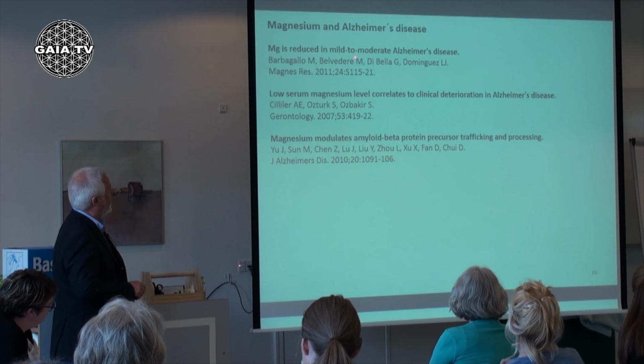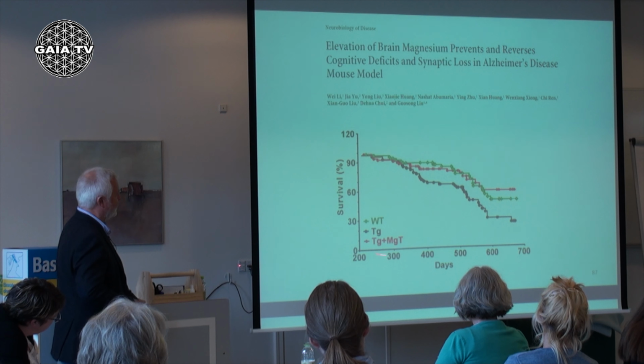And there are even animal experiments where these were animals that had a transgenic disease resembling Alzheimer's. Nobody knows exactly what Alzheimer's is, but these animals develop symptoms similar to Alzheimer's disease. And compared to animals without this defect, this is the survival of these mice.